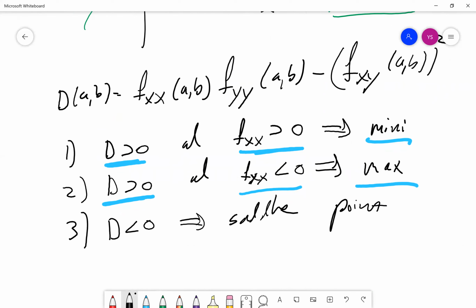Okay, so like the horseshoe has a point which is not a minimum or a maximum, and if your D is less than 0, then you're a saddle point. And if D is 0, then you can't determine information about the minimum and the maximum from the information given in D.